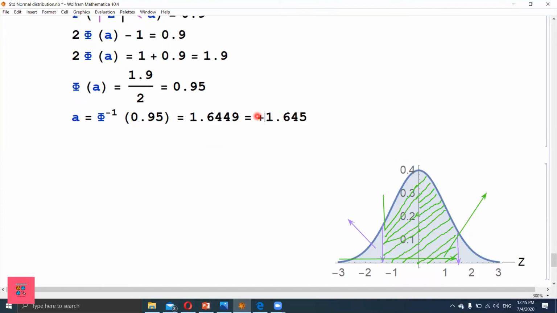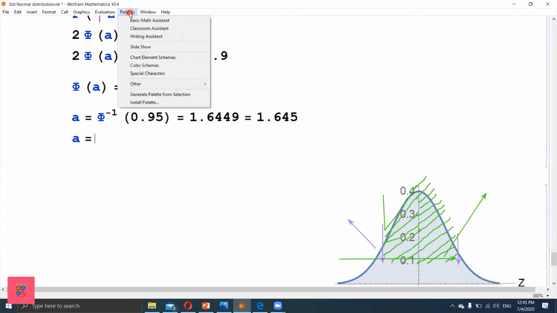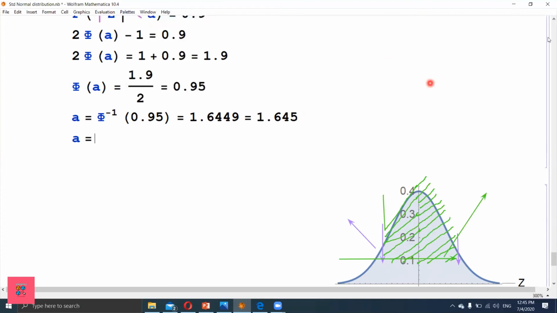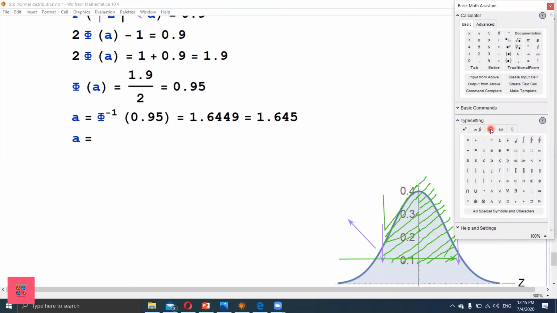In the next step I think we should write it: A is equal to plus minus 1.645.